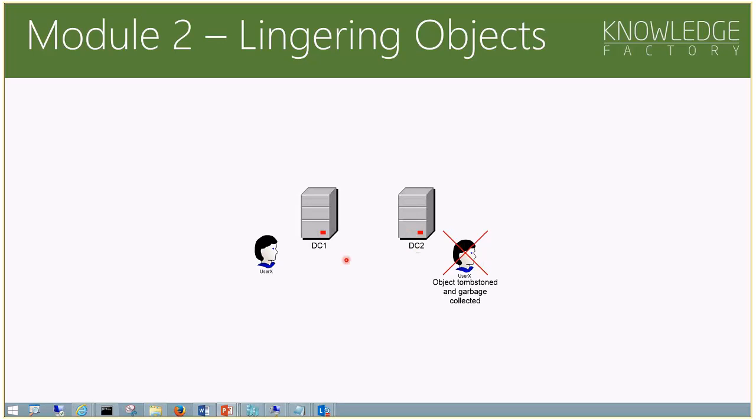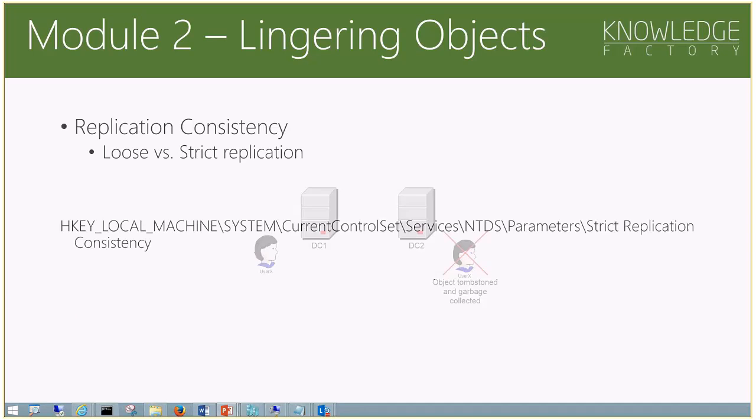This DC says, no, I don't have this user. So depending on loose or strict consistency, the user, which is supposed to be deleted, will actually be replicated back and seen as a new object. So have that in mind when we go in to discuss loose replication consistency, which is actually what I described.